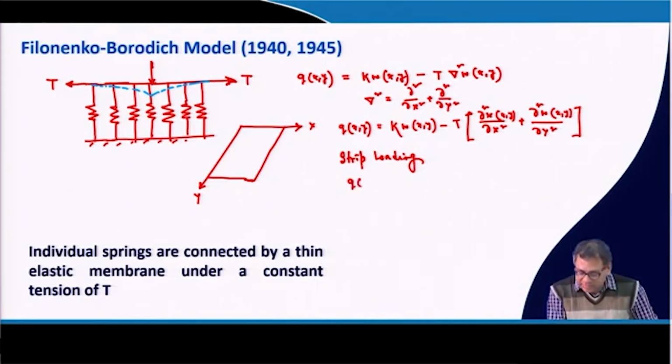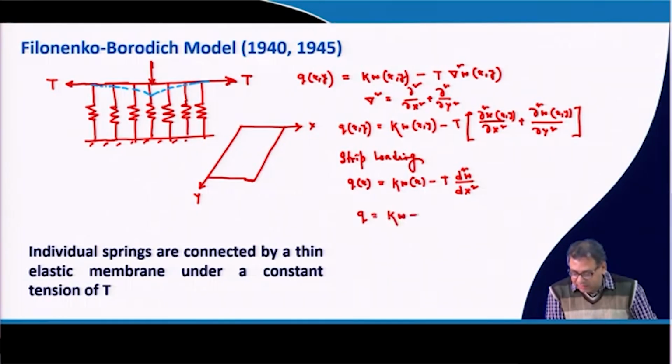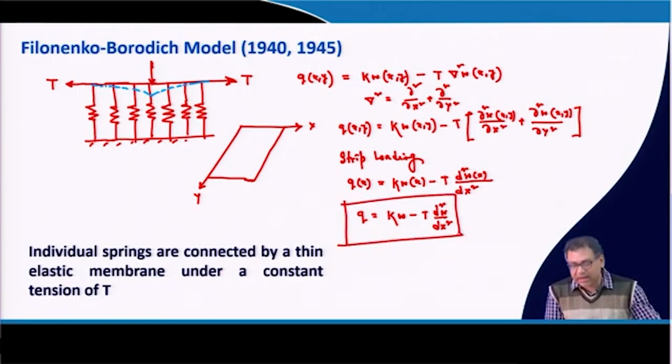So, in such a case q(x) will be equal to k into w(x) minus T d square w by dx square. Okay. Or simply I can write q = k w minus T d square w by dx square, and this will be a function of x. Okay. But this is for strip loading, and for rectangular loading, this is the equation.